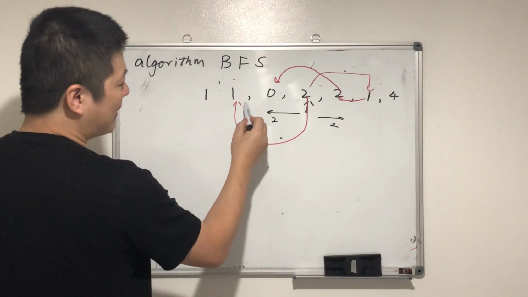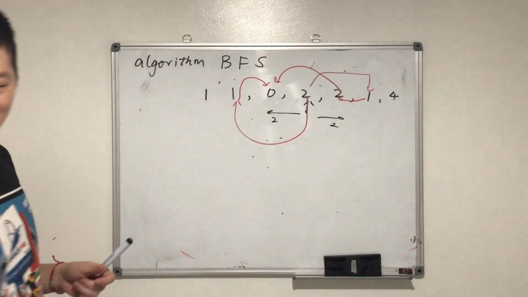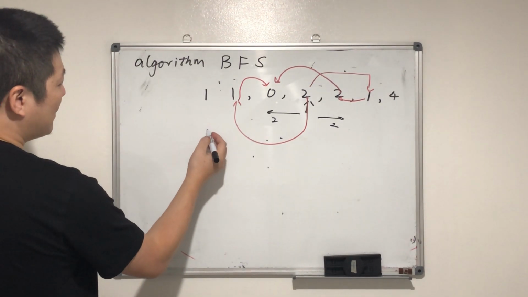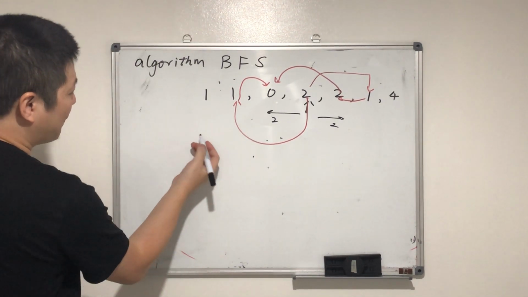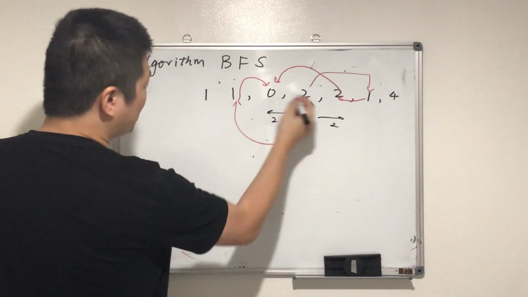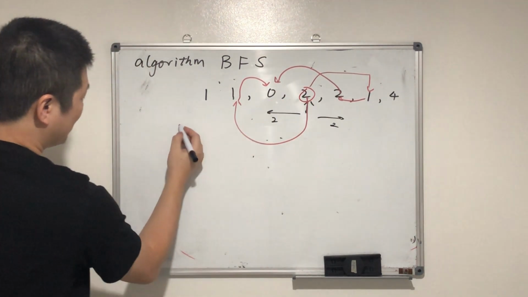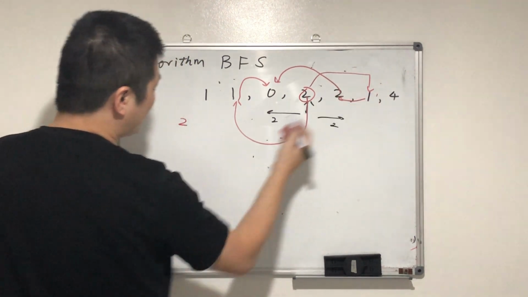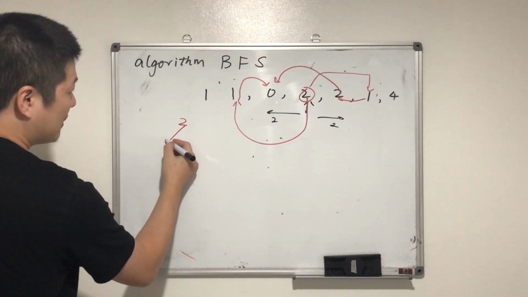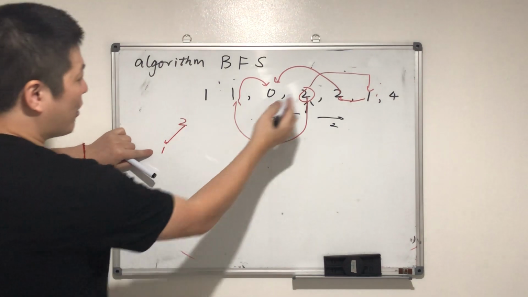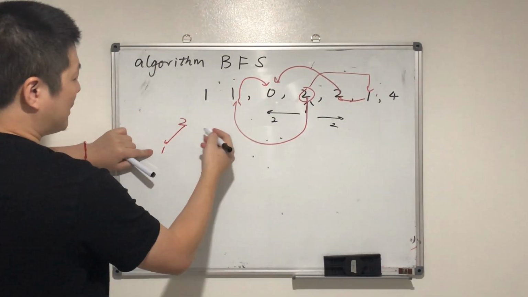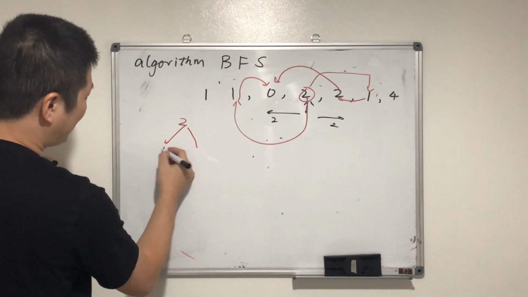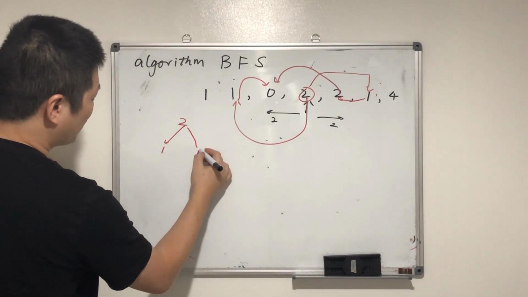Remember this BFS, we search the tree. If we are at this position 2, now I can go to this position, which is the 1, or go to this position, this also 1. So this is the left one, that's the right one.